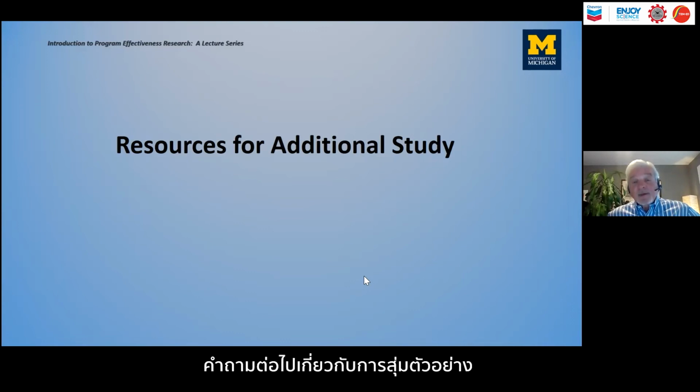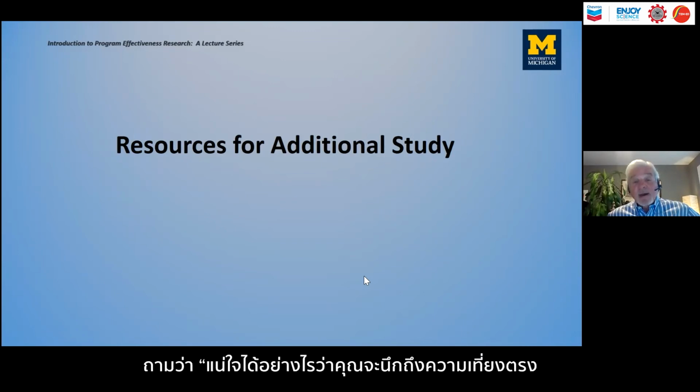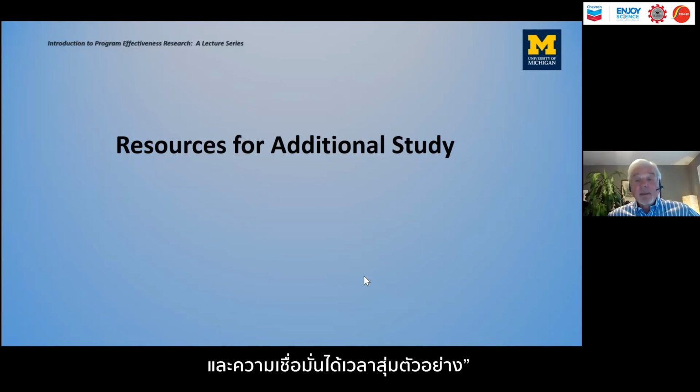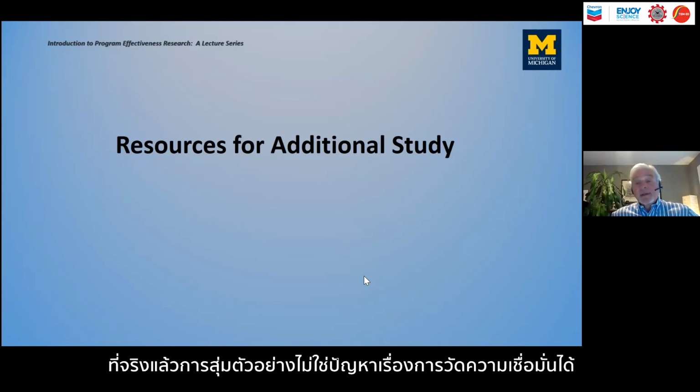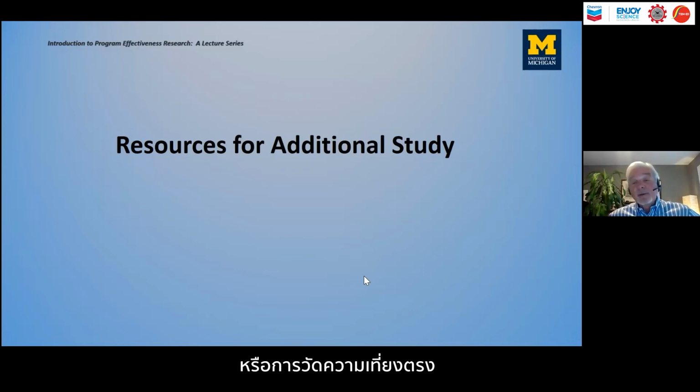So the next question is actually about sampling. It says, how can you make sure to think about validity and reliability when sampling? Well, sampling isn't really a question of measurement reliability or measurement validity.